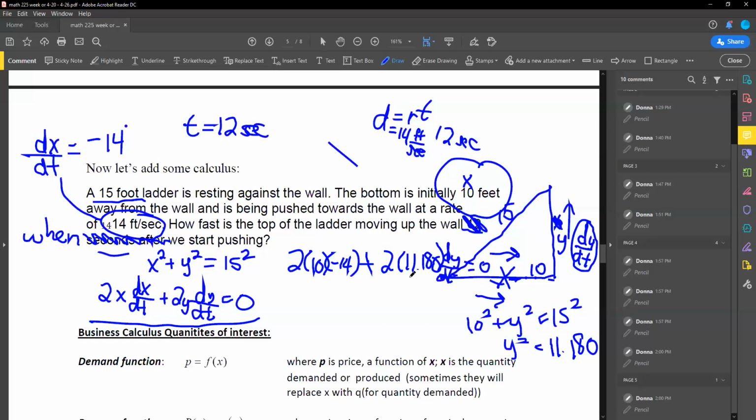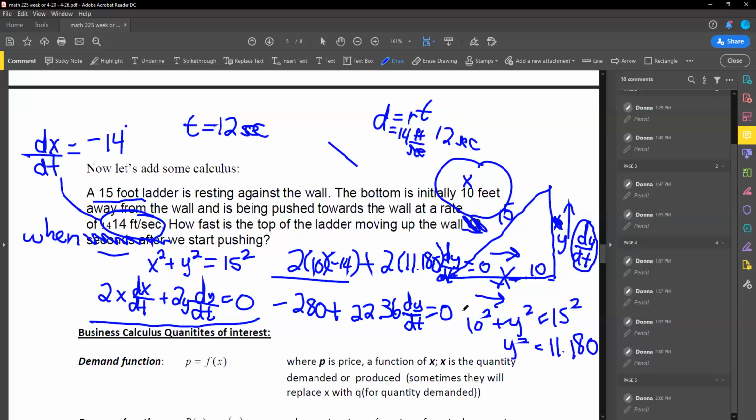All right, so that's going to be 20, this is just numbers. 2 times 10 times negative 14, I get negative 280, plus 2 times 11.180, 22.36 dy/dt equals 0.